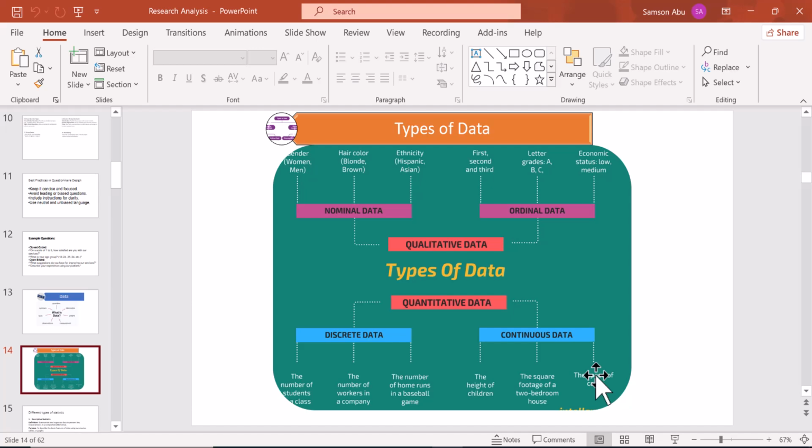Now, if you're looking at it from qualitative and quantitative, the term qualitative here is not talking about the form of research you are carrying out. We are looking at the quality of the person, that is, the description of the person. Is it gender? The hair, is it black? Is it brown? Ethnicity, economic status, that is this perspective.